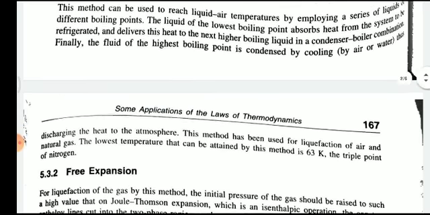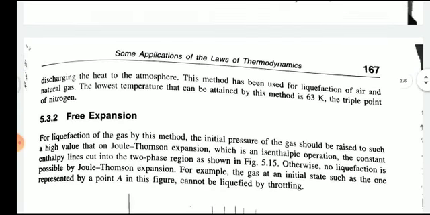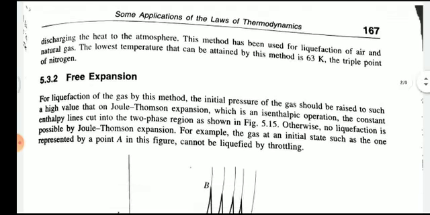This discharges the heat to the atmosphere, and this method has been used for the liquefaction of air and natural gas. The lowest temperature that can be attained by this method is 63 Kelvin, the triple point of nitrogen. The one with the lowest temperature is nitrogen, and this happens at 63 Kelvin.